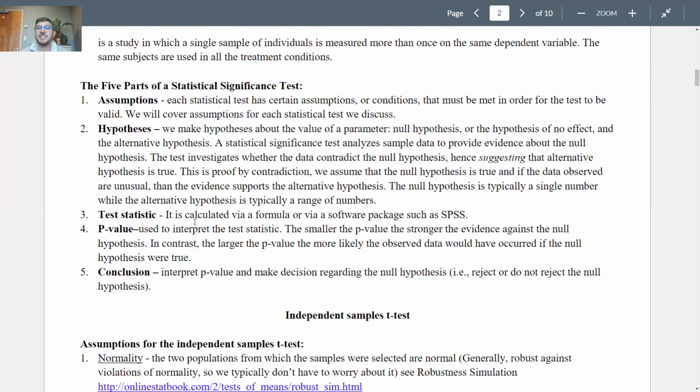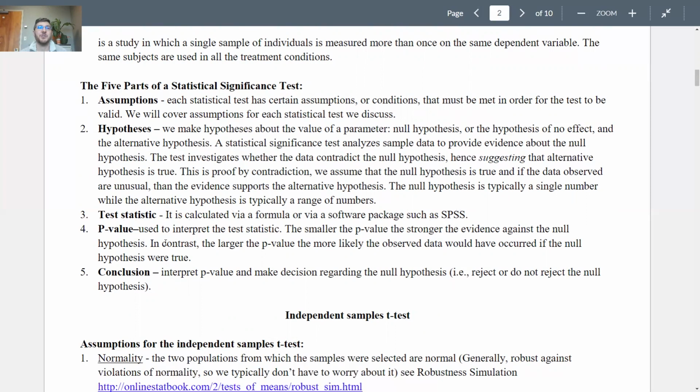Our test statistic is the actual statistic that we calculate either by hand or SPSS will calculate that for you. The p-value, or what SPSS calls your significance level, is the evidence against the null hypothesis.